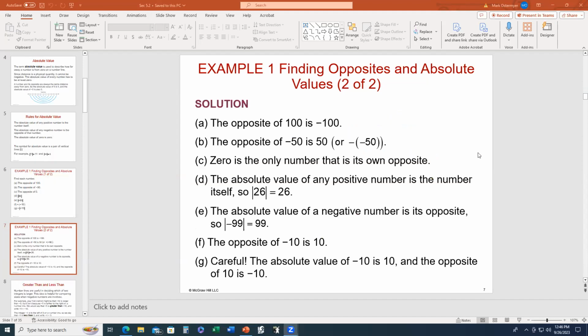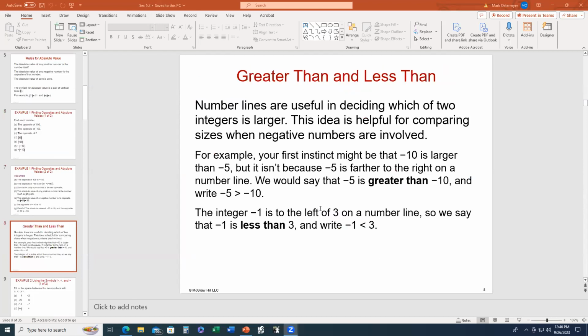All right. This is just giving us the answers that we had before. Number lines are useful in deciding which of two integers is larger or is smaller. Because remember, the way I indicated earlier, if we have our number line here, and the arrows at the end indicate that this goes in both directions forever.